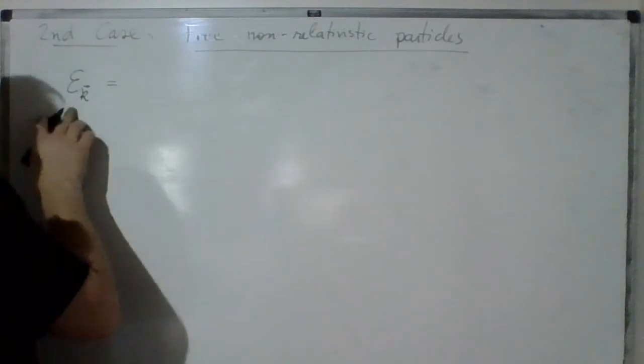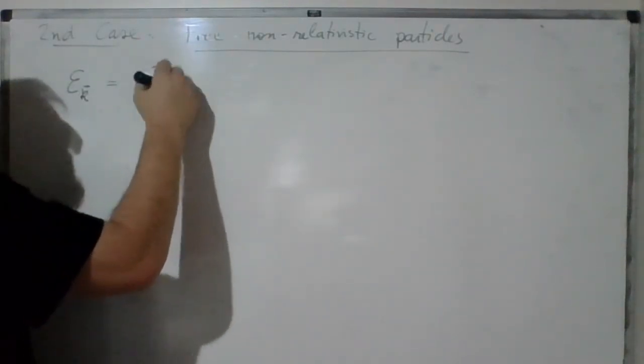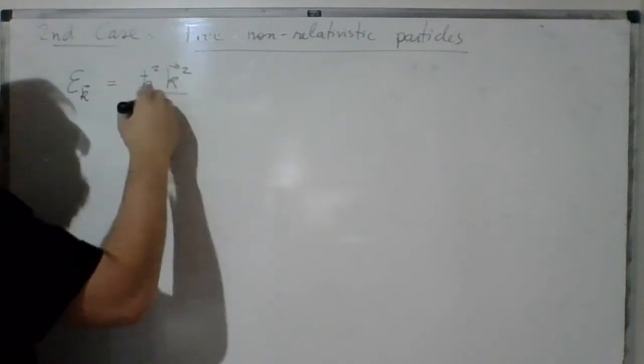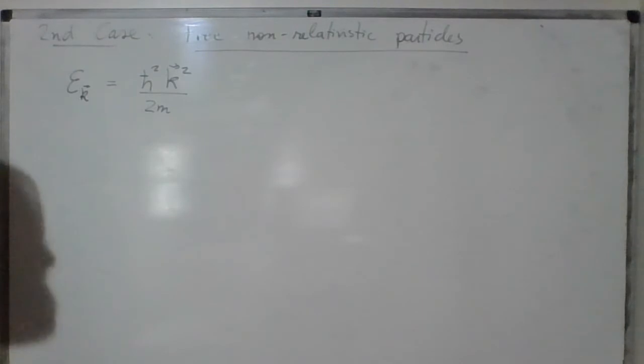E, depending on the wave vector, is h bar squared k squared over 2m, where m is the mass of the particle.